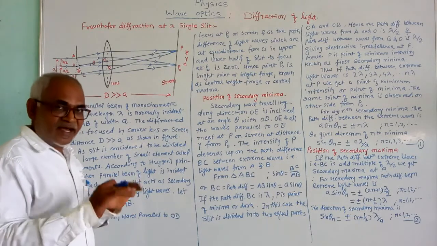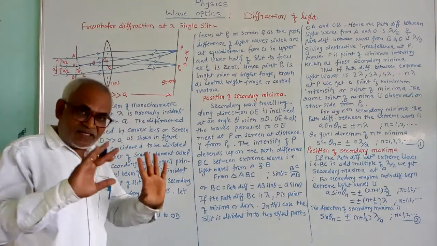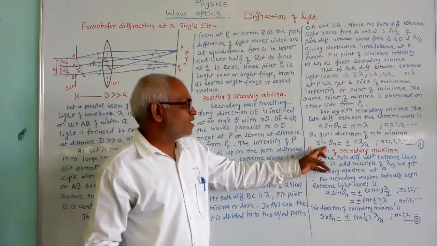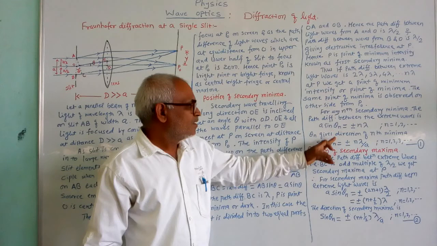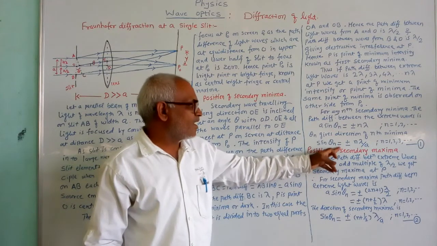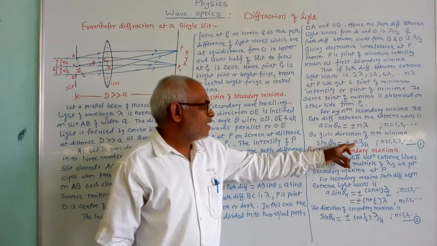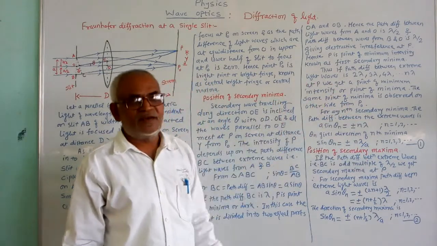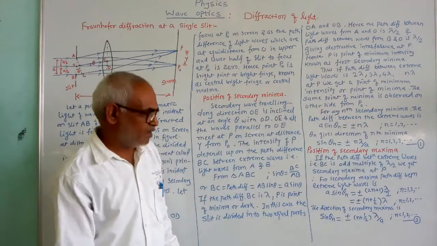That means theta n gives the direction of any nth minima, and it is obtained by using the equation sin theta n equals plus or minus n lambda upon a, where n takes any value 1, 2, 3 and so on.